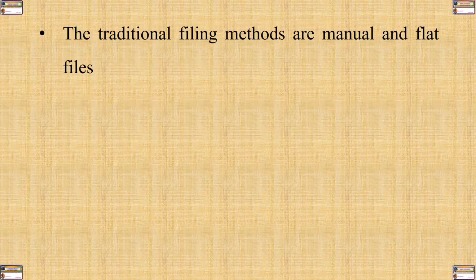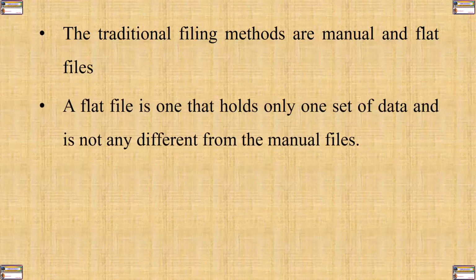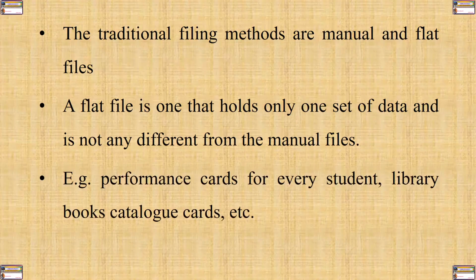The traditional filing methods are manual and flat files. A flat file is one that holds only one set of data and is not any different from the manual files. For example, performance scans for every student, library books catalog scans, amongst the others.